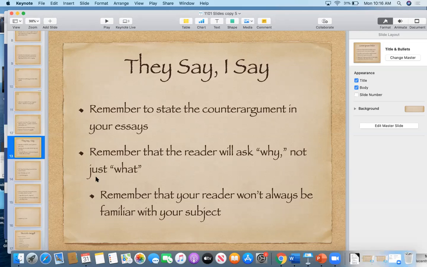Actually, they did have a guy that would be great for helping me with the dissertation, but he had like 9 other people that he was advising. But the point I'm making is that your reader won't always be completely familiar with your subject, so you might have to inform them a little bit more about what your argument is about and what you're writing about.